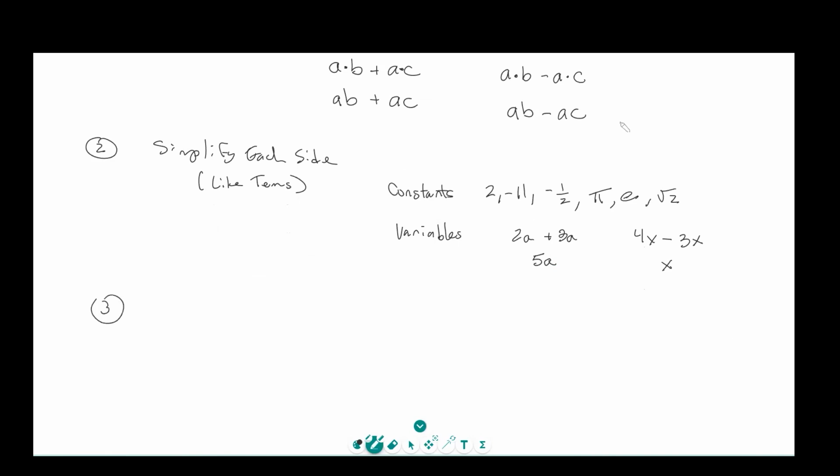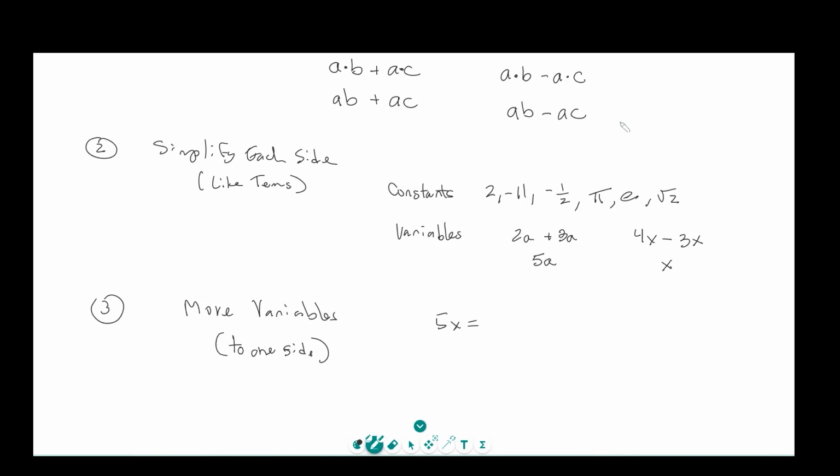Just wanted to remind you of what this means. After simplifying each side, we're going to move variables to one side. Hopefully if you have just one variable, it will be the variable itself. If you have more than one variable, there will be a choice of which variable you want to isolate.